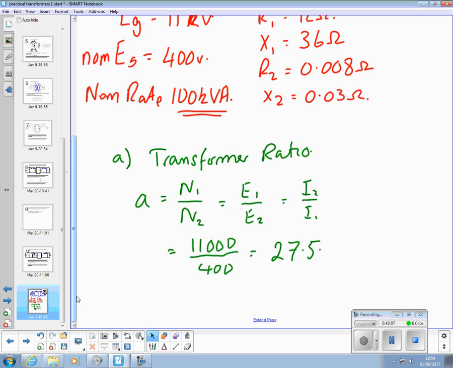You understand what I mean by the term nominal, don't you? That's the stated. Never actually happens in real life, does it? All sorts of variables mean that it doesn't happen, but it gives us what the ideal transformer ratio is. If that was 100% efficient, that's what we would get. If we put 11 kV in, we get 400.